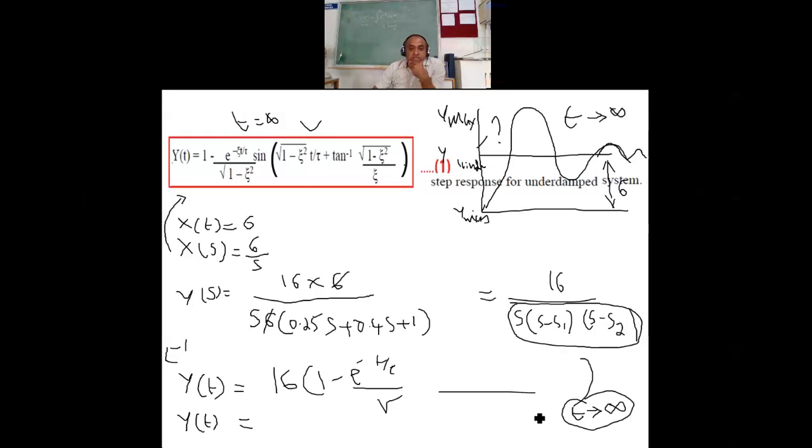The final form of this: you have bracket 1 minus e raised to so and so. If I substitute t tending to infinity in that, what will be your final ultimate value? Swati says it is 1. Is it 1?